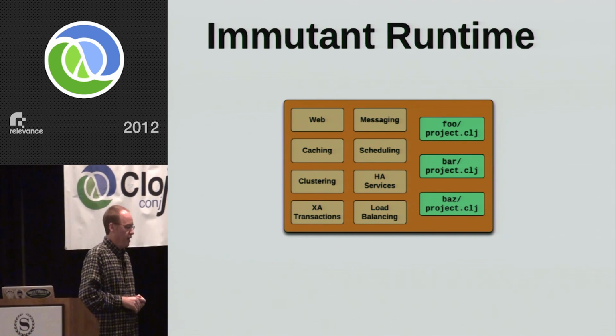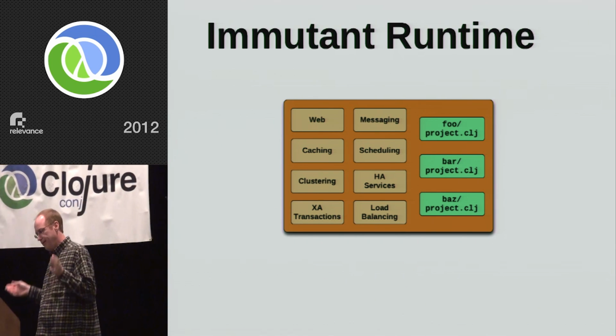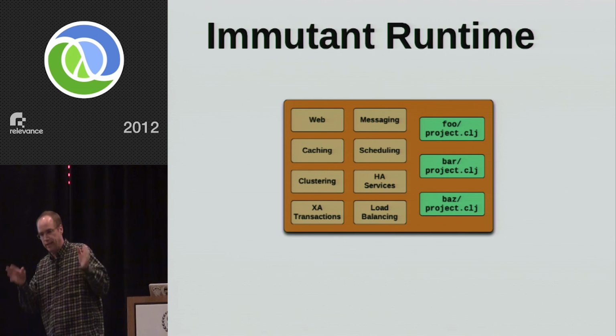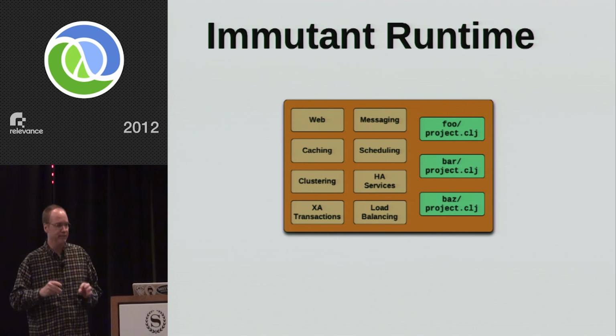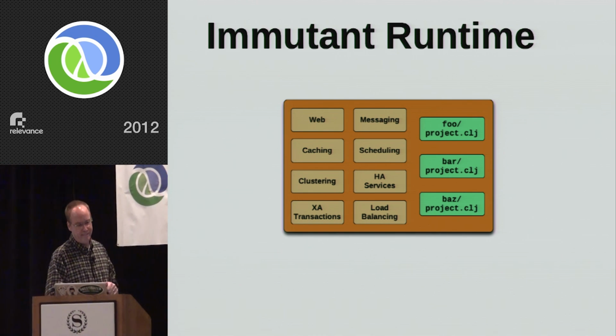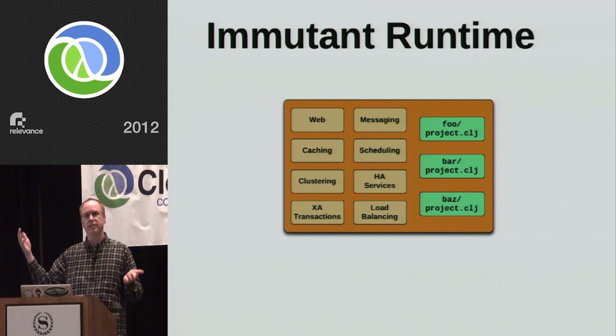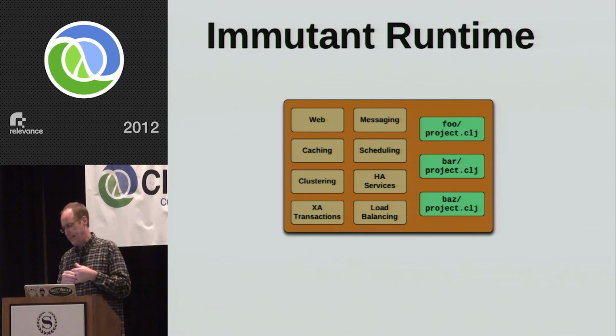So what is Immutant? Well, like everything we build in our industry, it's a box with other little boxes inside of it, little words written on it. Really what it is, it's built on the JBoss application server, JBoss AS.